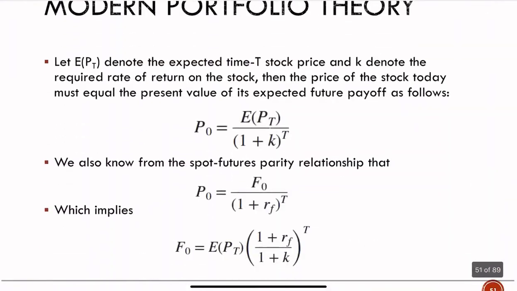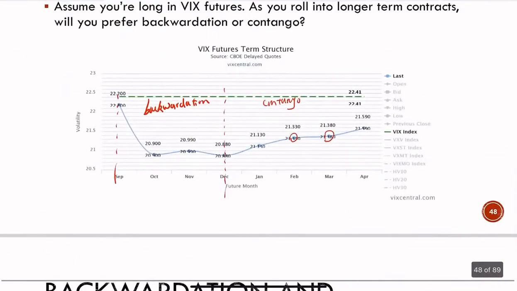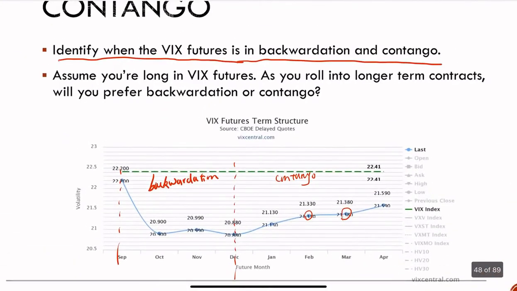Okay, good. Now let's look at the second question. The second question says, assume you're long in these futures. As you roll into longer term contracts, will you prefer backwardation or contango? Right.